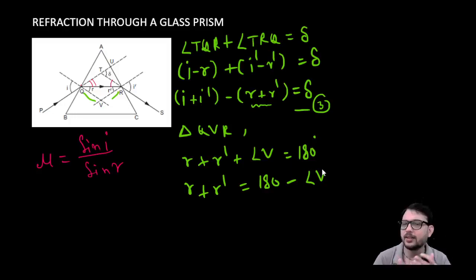Is there any other method to calculate the value of R plus R dash or angle V? Yes, definitely there is a method, and that is the angle of prism.